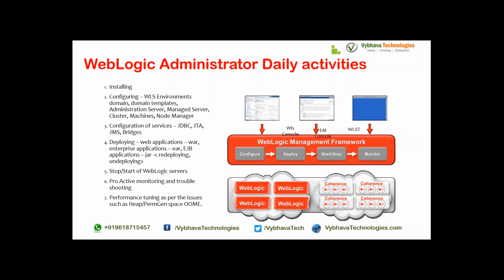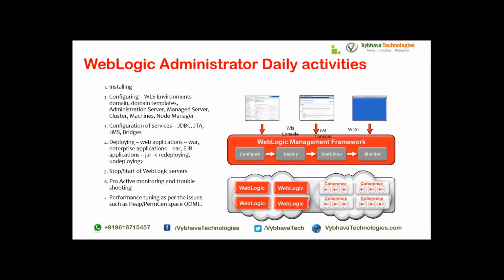If you see the picture, we have a layer, the WebLogic management framework. On that, we first do the configuration activity, then we repeatedly do deployment and starting and stopping, and finally we do monitoring. The WebLogic console gives these capabilities for connecting to all of these. The monitoring part will be done with EM, Enterprise Manager, and WLST, the scripting tool I told you about.